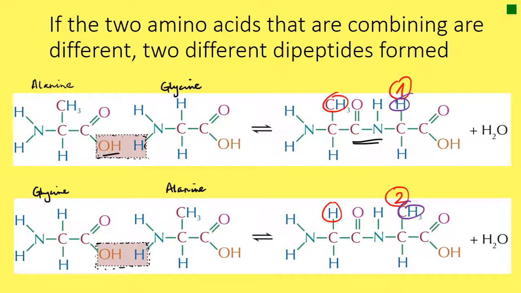And so even though the two amino acids are the same in both cases, we get two different dipeptides. You can just look at them and see that they're different. This is different to this, and this is different to this, for example.